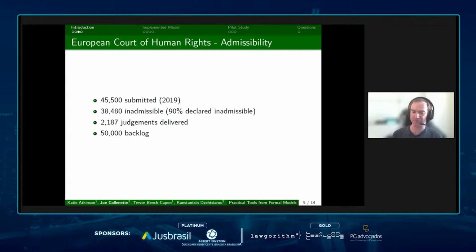Only a small proportion of cases actually get to a point where a judgment needs to be made. And there's currently a backlog of 50,000 cases in the European Court. So being able to speed up the ability to decide admissibility would massively improve a person's access to justice in Europe.